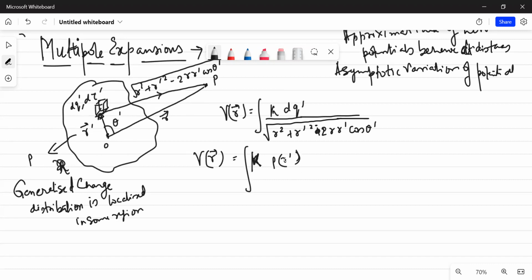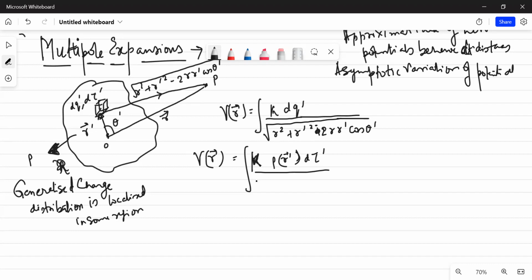This will be rho r dash, and this will be d tau dash. So the volume is given by d tau dash, charge enclosed is dq dash, and let's say if in this region R the volume charge density is uniformly distributed given by rho, then I can replace this by rho r dash d tau dash divided by, you just take r common out.